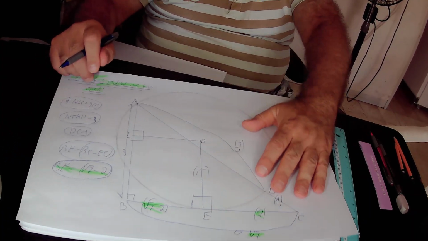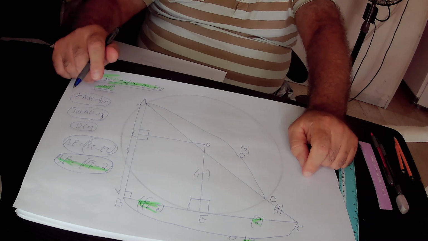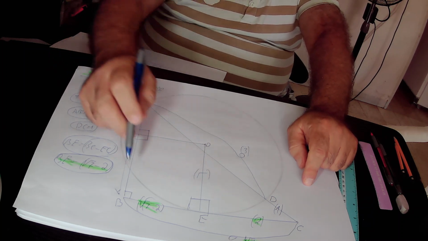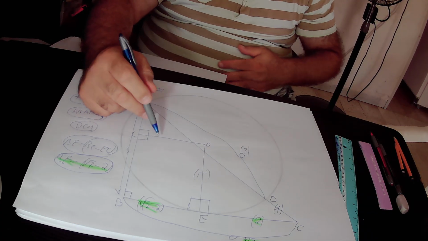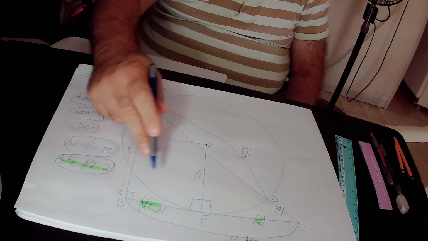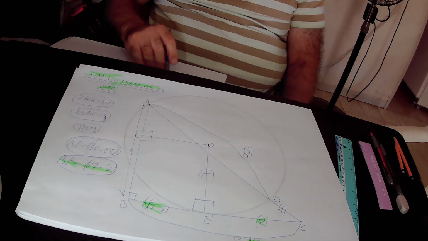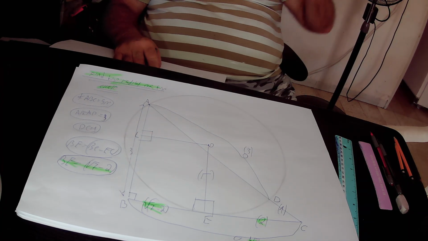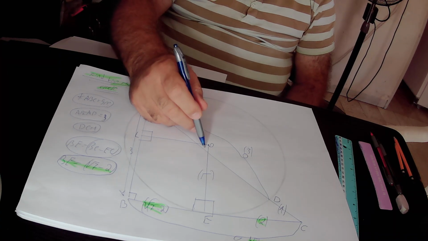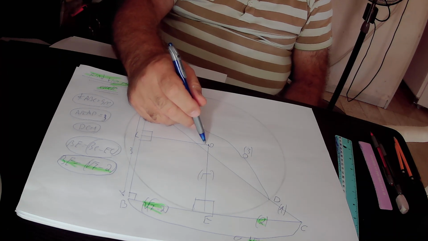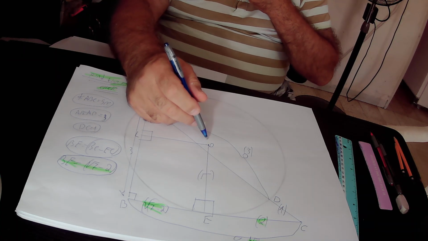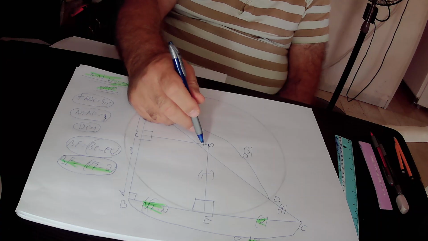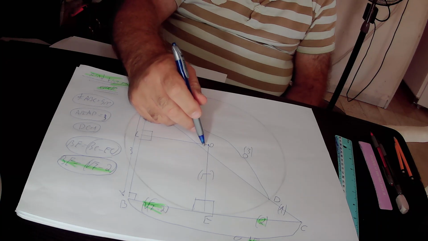By doing this construction, we created quadrilateral LOEB. Inside quadrilateral LOEB, we have 3 right angles. The sum of 3 right angles is 270 degrees. So 270 degrees plus the size of this fourth angle must be equal to 360 degrees, according to the rule that the sum of the angles in any quadrilateral is 360 degrees.